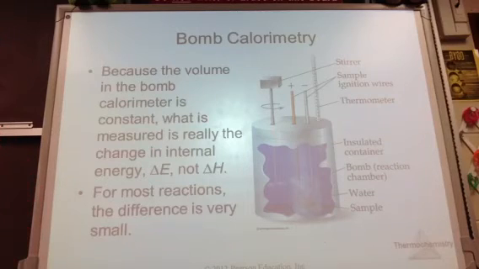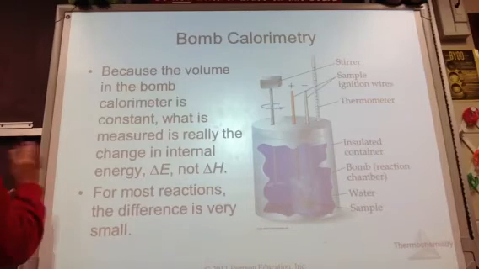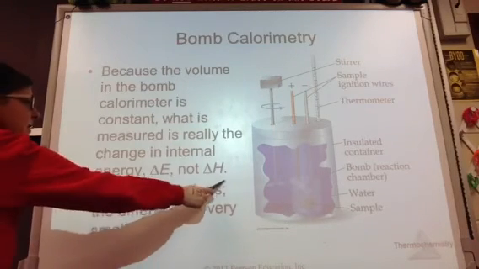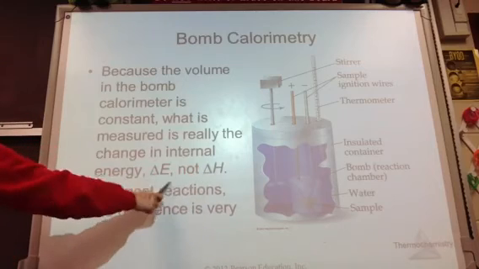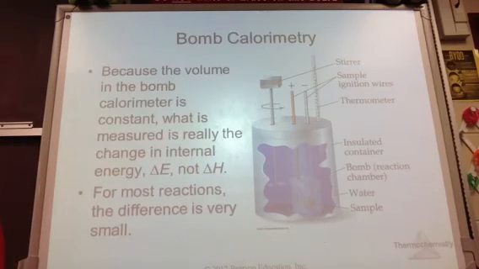And that's because remember that the change in enthalpy is heat flow, but if we think about the first law of thermodynamics, we said that change in enthalpy was equal to change in internal energy plus pressure volume work. But if the volume stays constant, then I don't have a change in volume, so that work goes away. So then my change in enthalpy would be just equivalent to my change in internal energy.